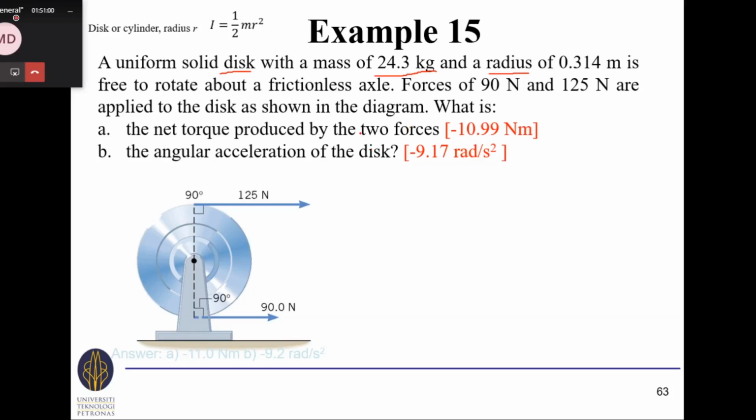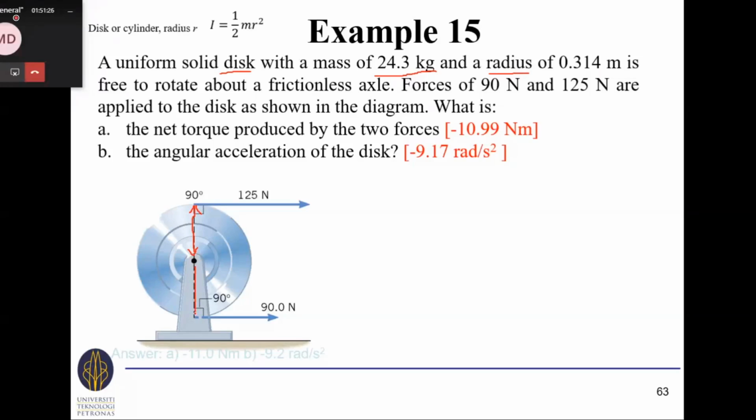Sabar. I know that. Yes. I know the feeling. But since you are mechanical students, you will see this sooner or later in your degree level anyway. So forces of 90 Newton and 125 Newtons are exerted on the disk like this. So you need to know these are the distances from the axis of rotation.